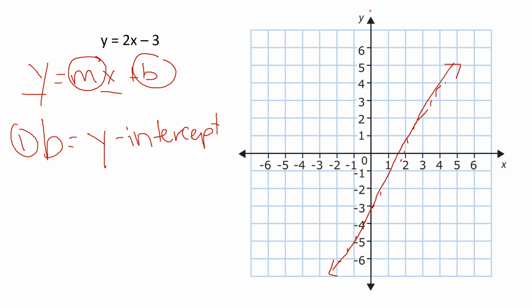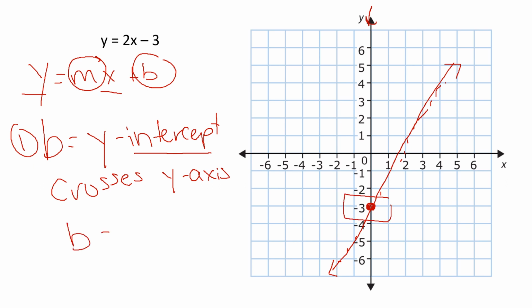This is your y-axis. y goes up and down. The y-intercept is where the line crosses the y-axis. So this line crosses the y-axis right here at -3. So in this case, b = -3.